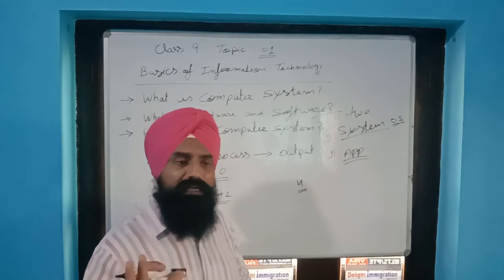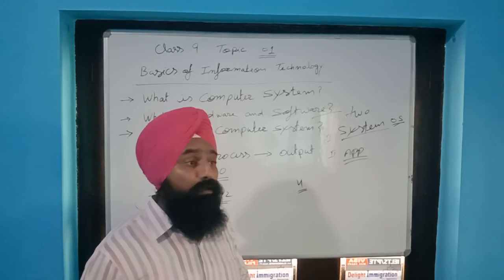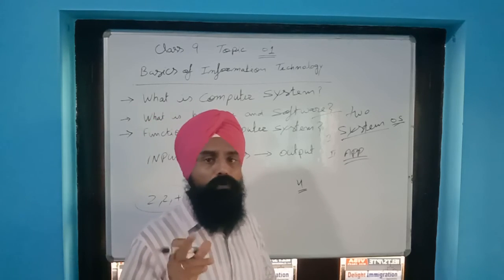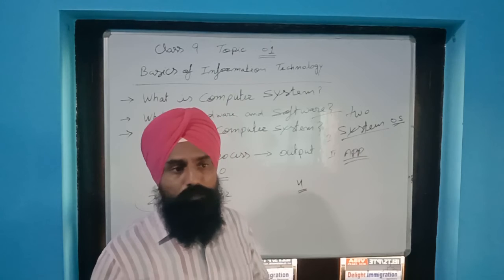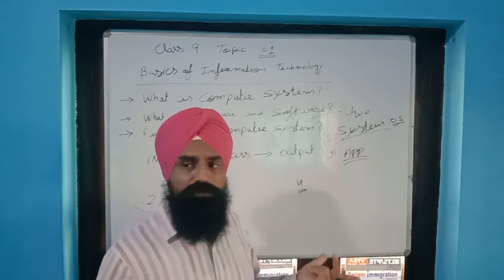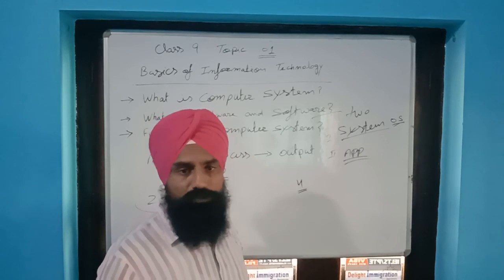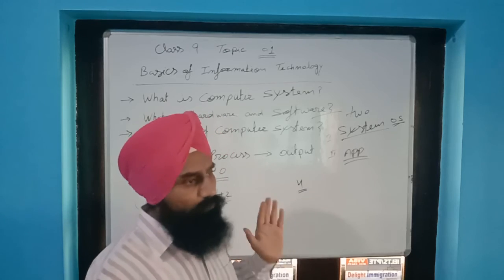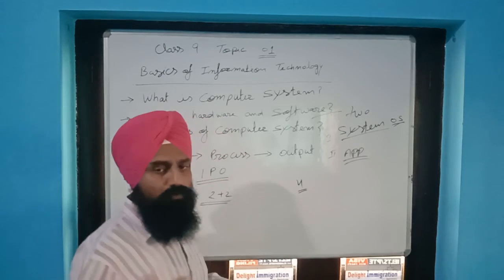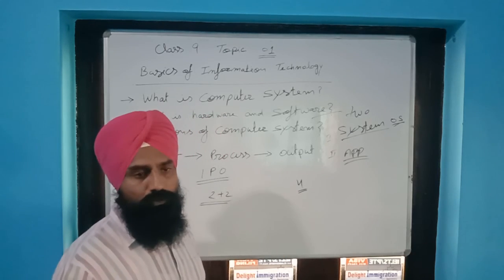A computer can't take any decision by itself. And a computer depends on power, electricity. Without power, we cannot perform any task with the computer. If power is there, we can continue performing different jobs.